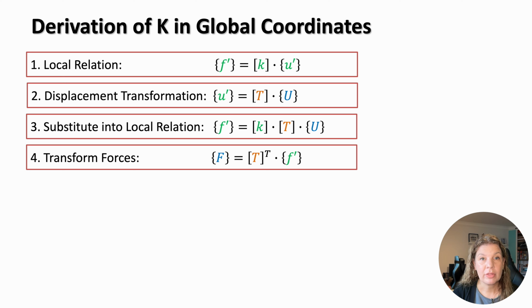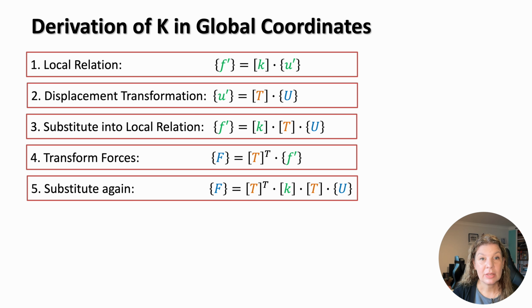This step ensures that the forces are rotated from the local system into the global system, just as we rotated the displacements before. And now we can substitute again. So if F' equals the local K times the transformation matrix times the global u, then the global F equals T transpose times the local stiffness times T, the transformation matrix, times u, the global displacements. Here, everything is expressed in the global coordinate system.